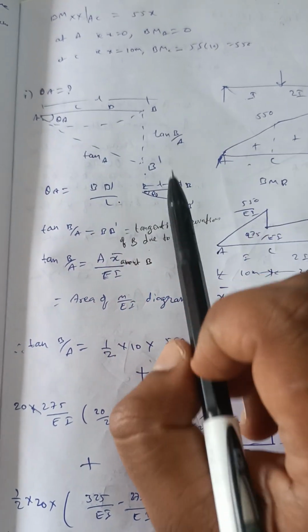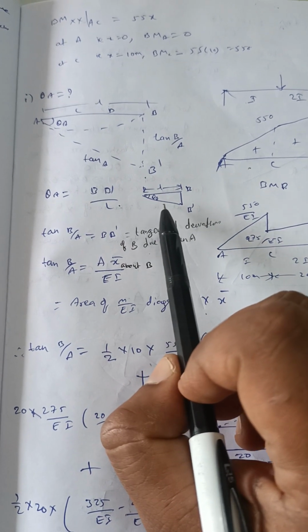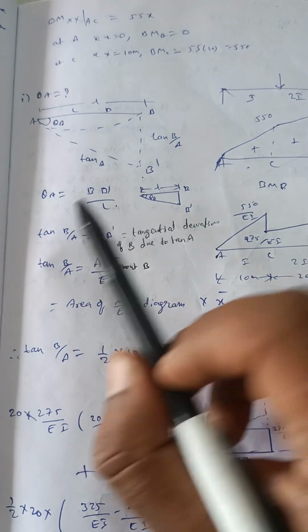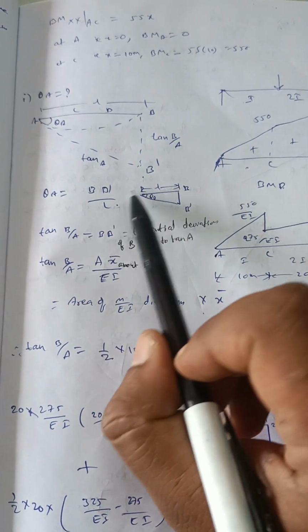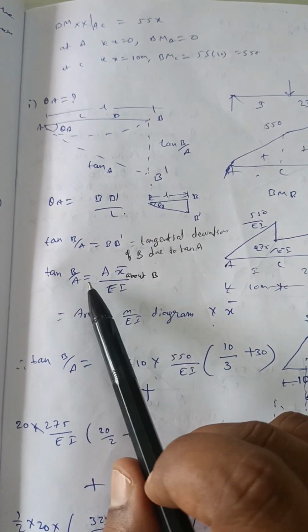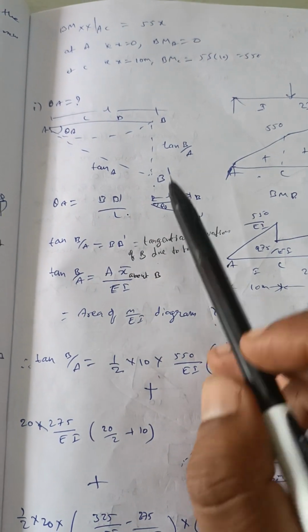From this figure, tan theta A equal to opposite by adjacent, or theta A equal to BB dash by L.